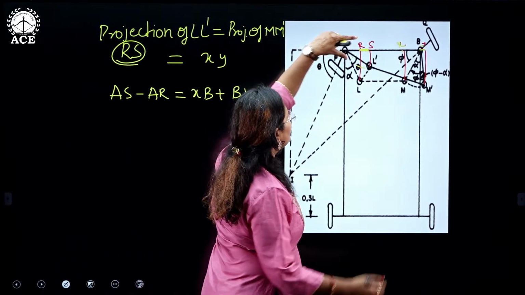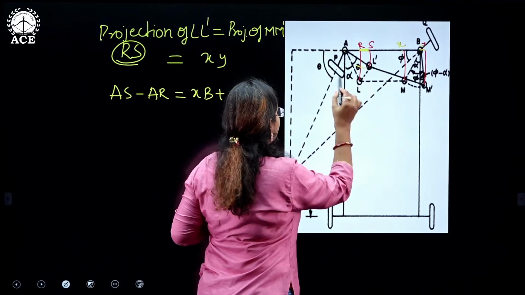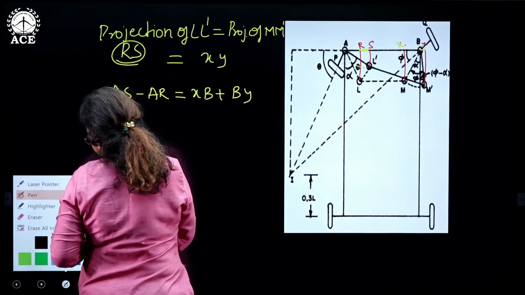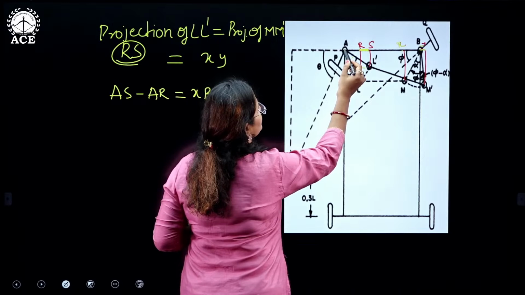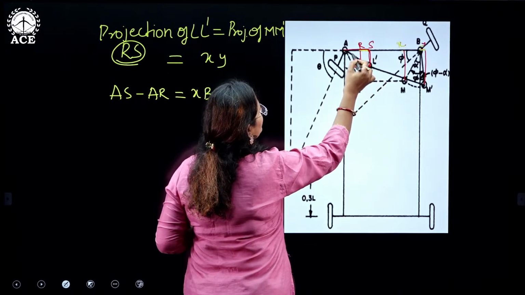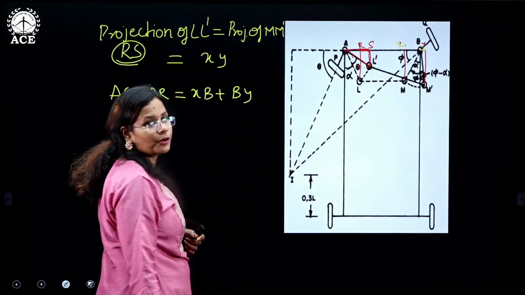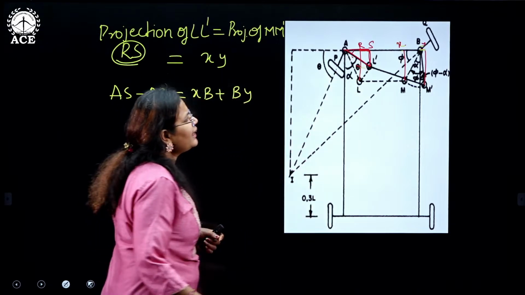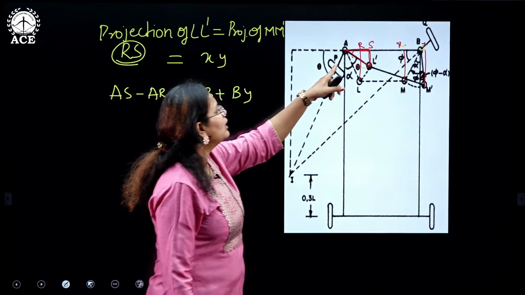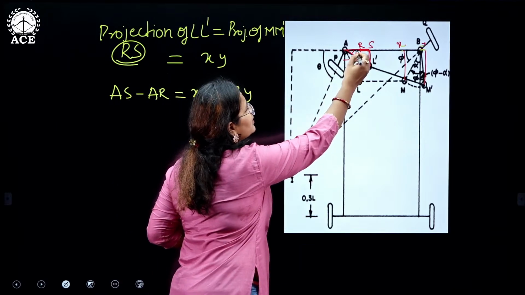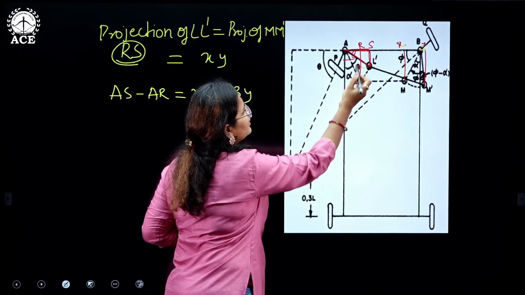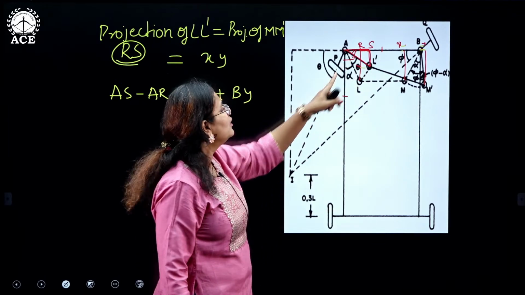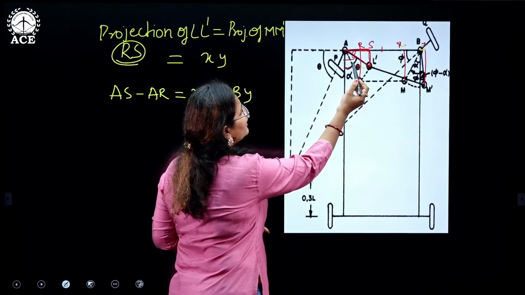So how can I say AS? AS is nothing but, see, this is a particular triangle. This AS is this particular triangle. AS if I want to find, for this I require this angle. That angle can be obtained when you know that this particular stub axle and this particular link are at right angles to each other. So can you see that this is making alpha, this is theta.